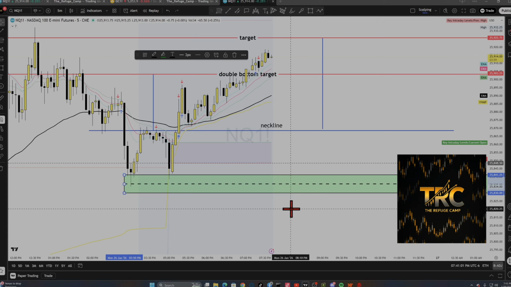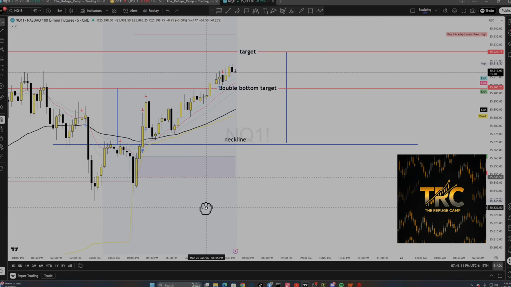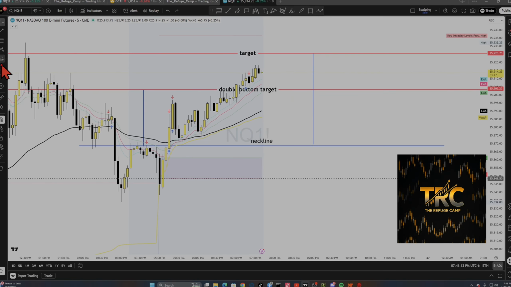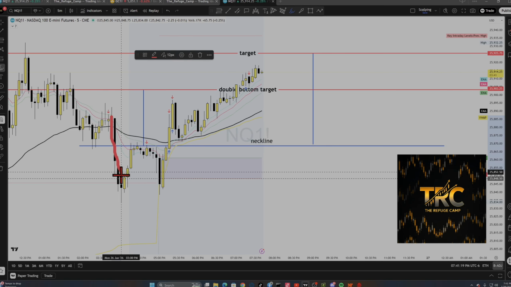Gotcha. Yes, sir. So the one thing I'll finish this with, right? Typically when I see double bottoms play out like this cleanly, what I see tends to always be something similar to this. You'll see a double bottom here, right?